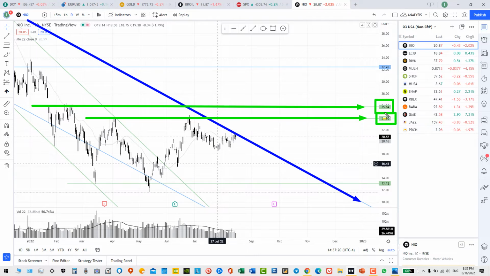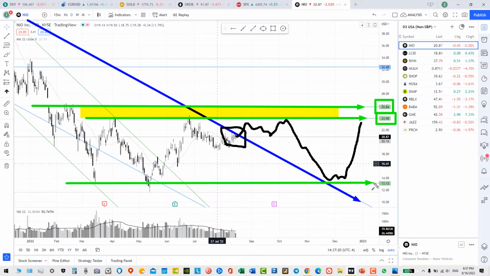So there is a $2 area of resistance ranging from 24 up to 26. In order for the stock to get into positive territory, it should break the downtrend line, and if it broke the downtrend line and still did not manage to break above these two resistances, it will be considered still in a medium-term sideway with no change.